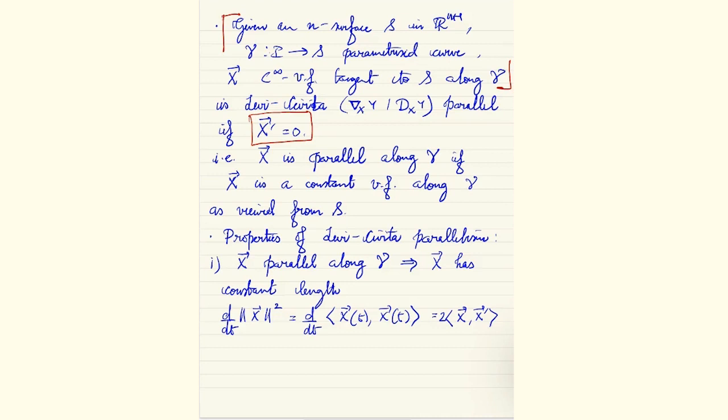Because we know it is parallel, x prime is 0, so this is 0, meaning that the length does not change with time.